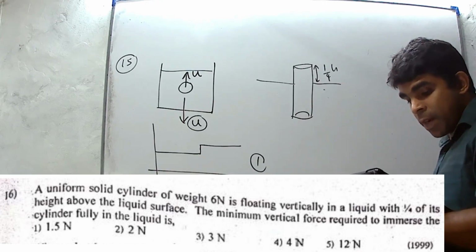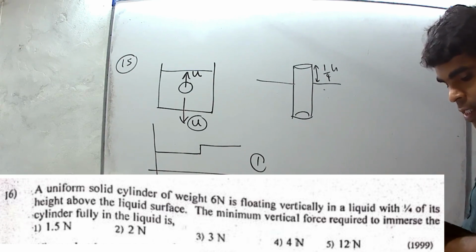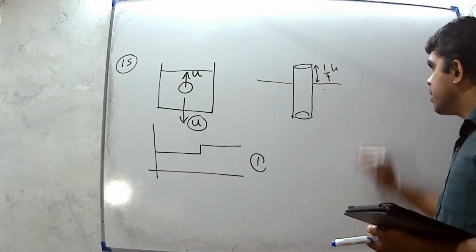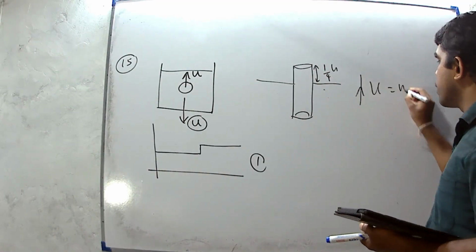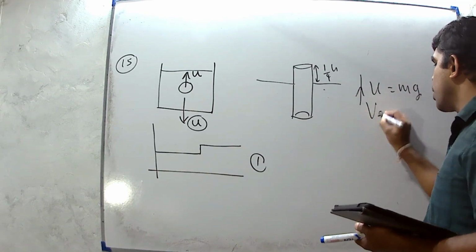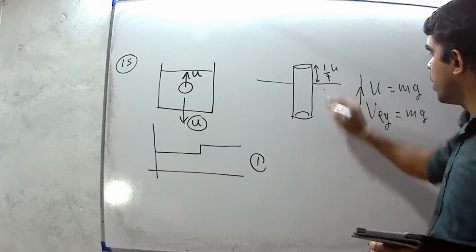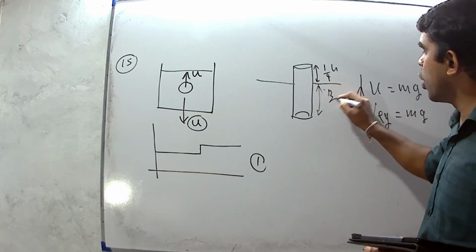The minimum vertical force required to immerse the cylinder fully in the liquid is. Now we can consider equilibrium. Upthrust equals weight. Upthrust is V rho g, where V is the immersed volume. We know that the immersed part is 3/4 of its volume.